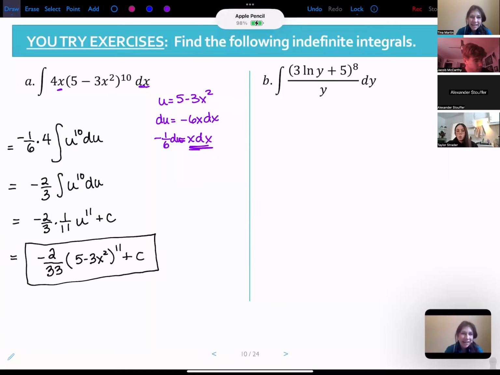Okay, I need somebody else who hasn't done anything yet. Help me out here. I need this B. Now this is the doozy, because it's got a natural log in it. Who wants to go on this one? It doesn't have to be perfect. We are learning. We are students of life.